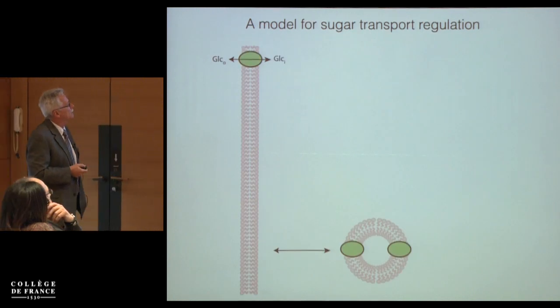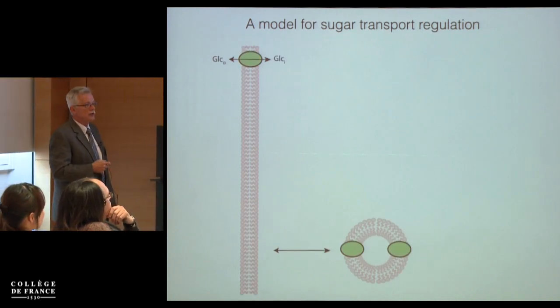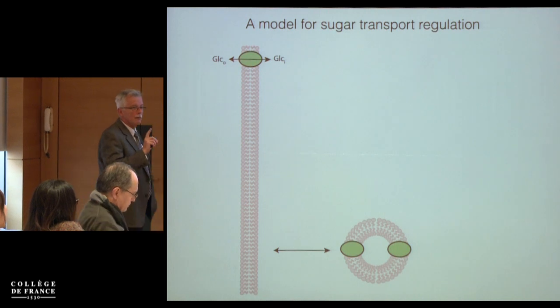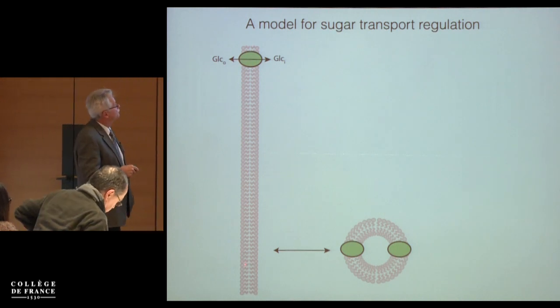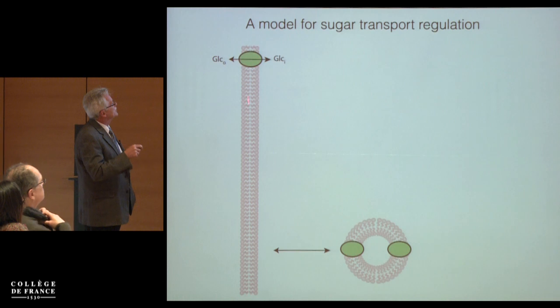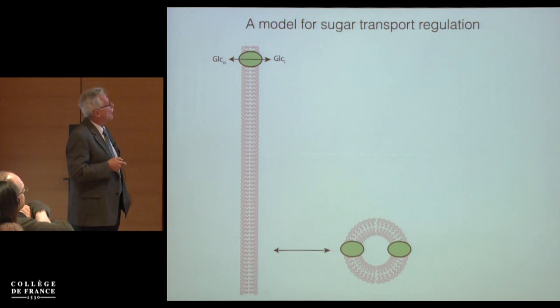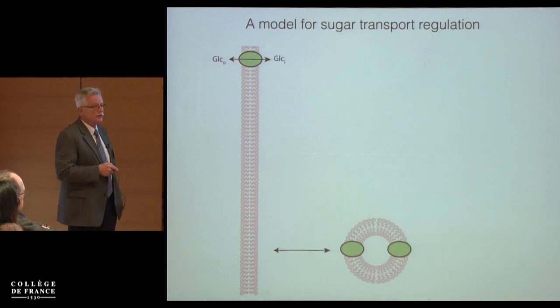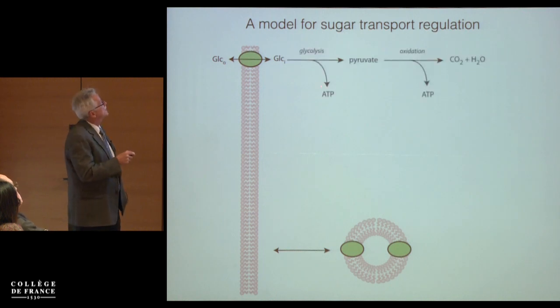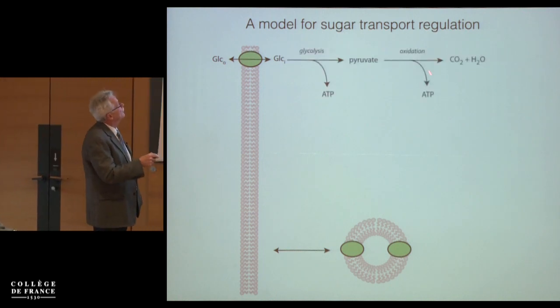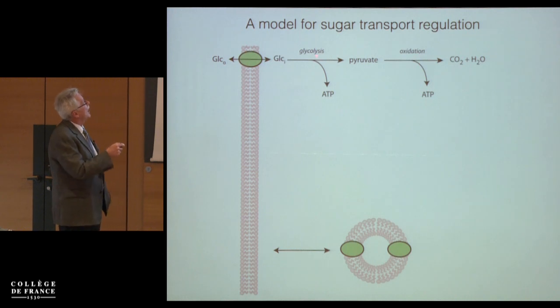So here's our model for sugar transport regulation in blood-brain barrier cells. Here's the plasma membrane. There's a small amount of GLUT1 at the cell surface, and an intracellular pool of GLUT1. Glucose is internalized, generates ATP, either anaerobically or aerobically.